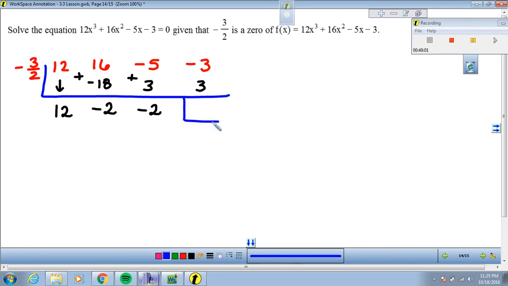Which tells me that I did the division accurately, because remember what I said, the remainder has to be 0, because the number you're dividing by, negative 3 halves, is not any number, it's a special number because it's one of the solutions of this polynomial.